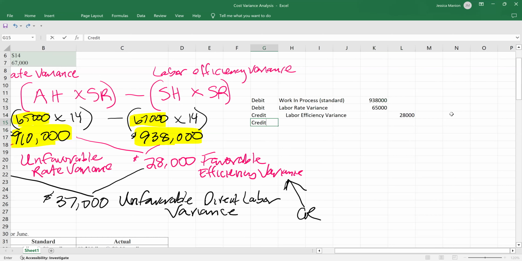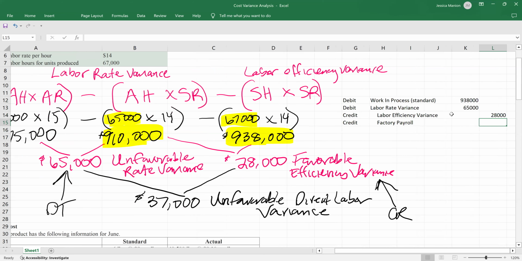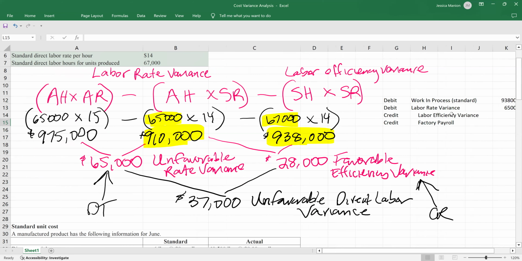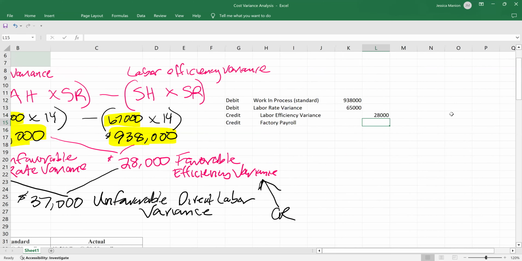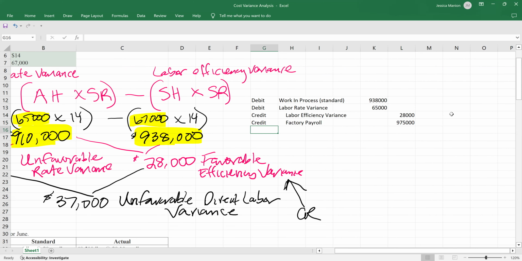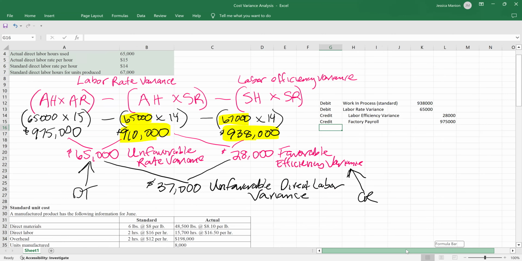And then we credit factory payroll for the actual amount, that actual amount being actual hours times actual rate, 975,000. That is how we would record that transaction, that usage of labor, right? So not too bad. Let's look at another problem.